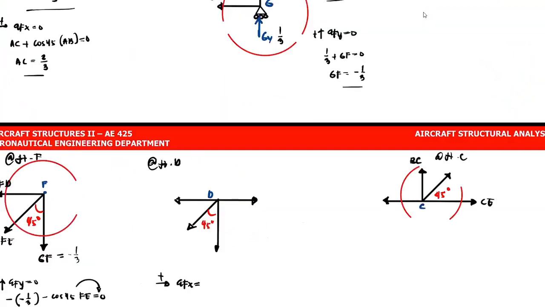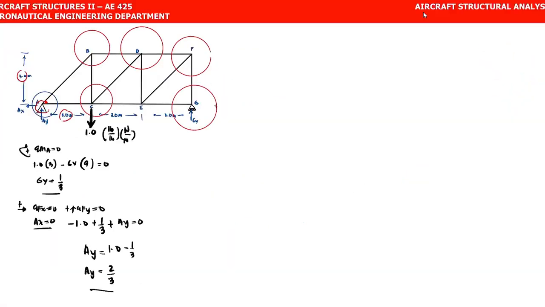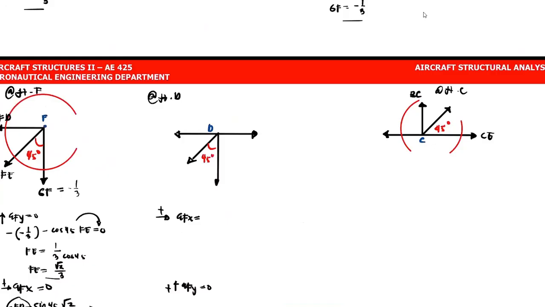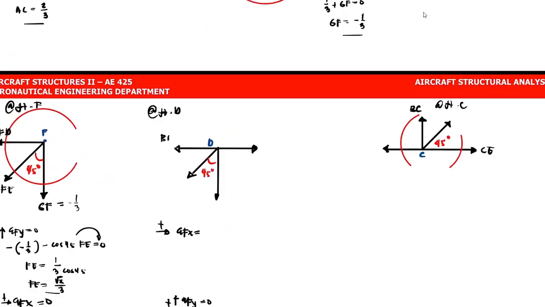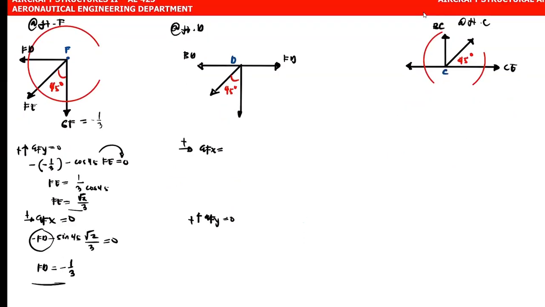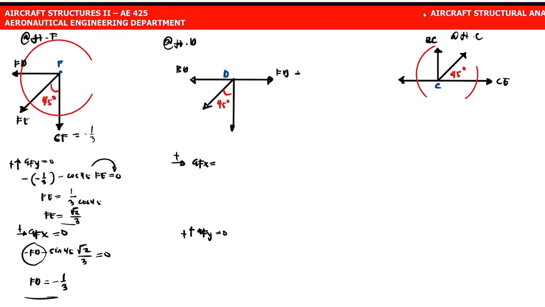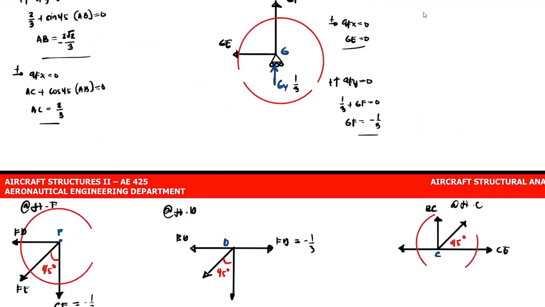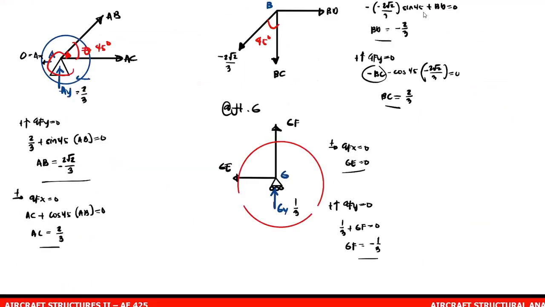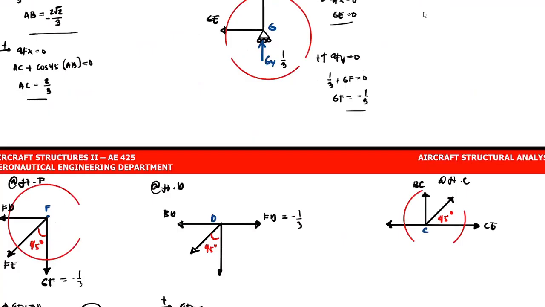No? Sa joint D, meron tayong mga elements na BD and FD. Okay? So this one is BD, FD. Okay? So meron tayong FD na negative 1. BD, ano ba natin yung ating BD? Ang BD is negative 2/3.